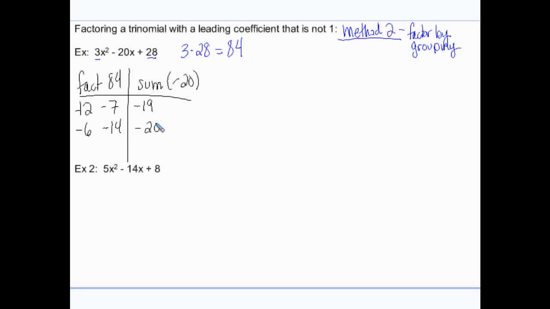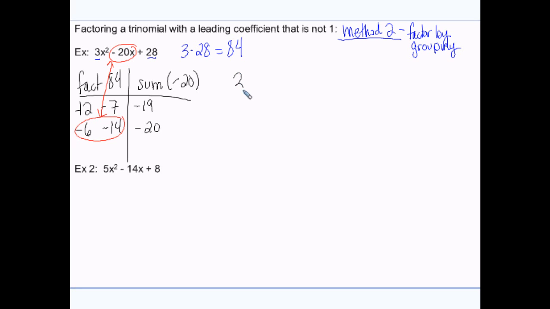Now, when you're doing factoring by grouping, negative 6 and negative 14 equals negative 20, correct? So what I'm going to do is take this negative 20 out, and put the negative 6 and the negative 14 in, because they have the same value. I'm replacing.